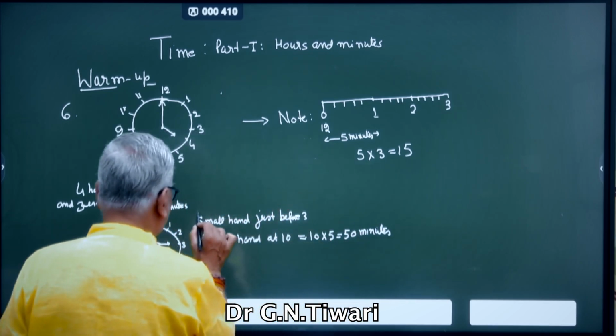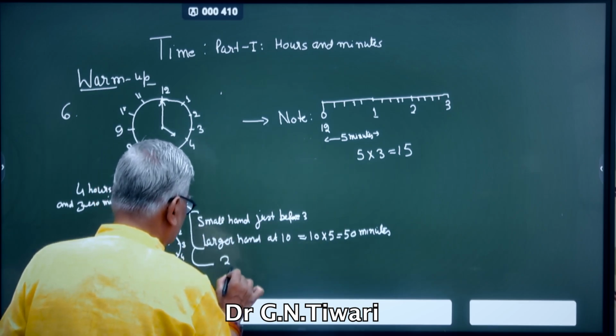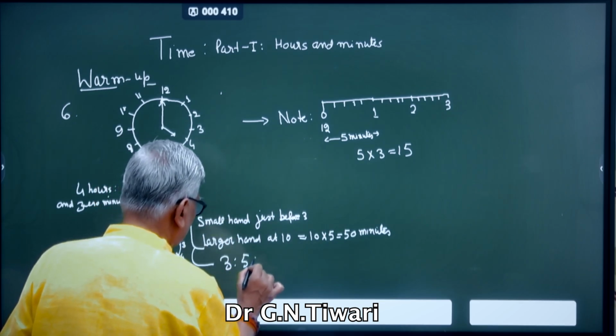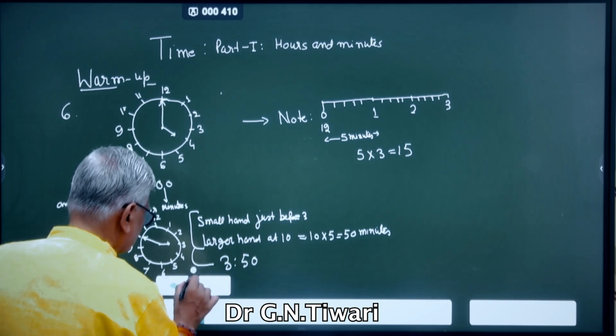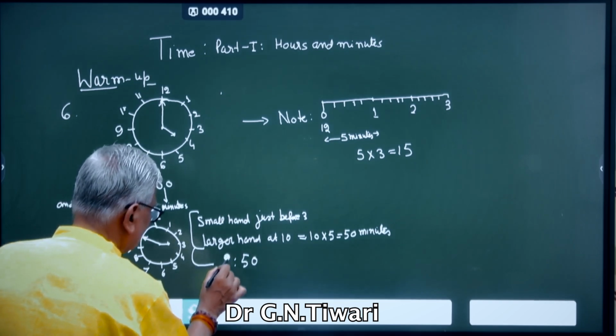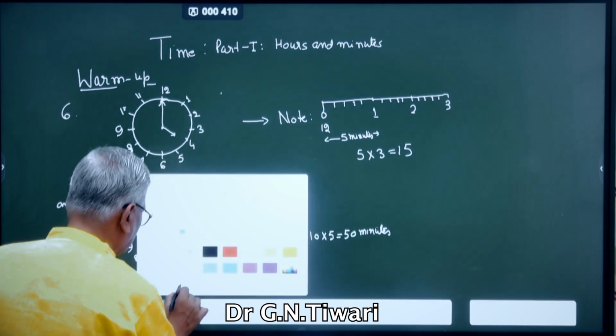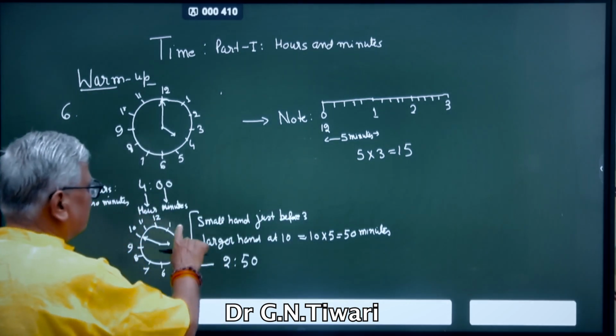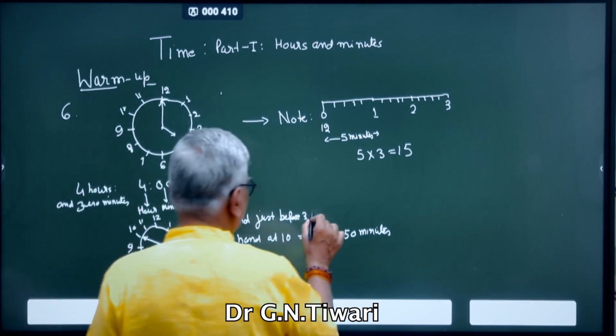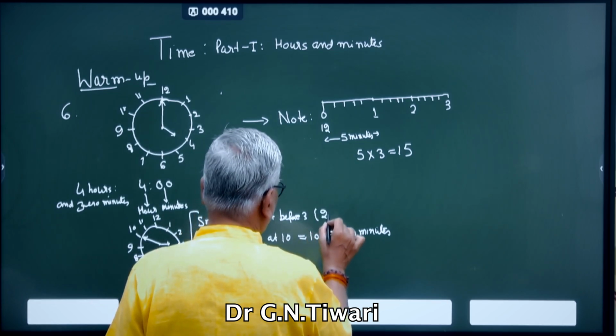That means how can you write it? You can write 3, not 3, 2. It is 2 because just before 3 is 2. 2 hours.